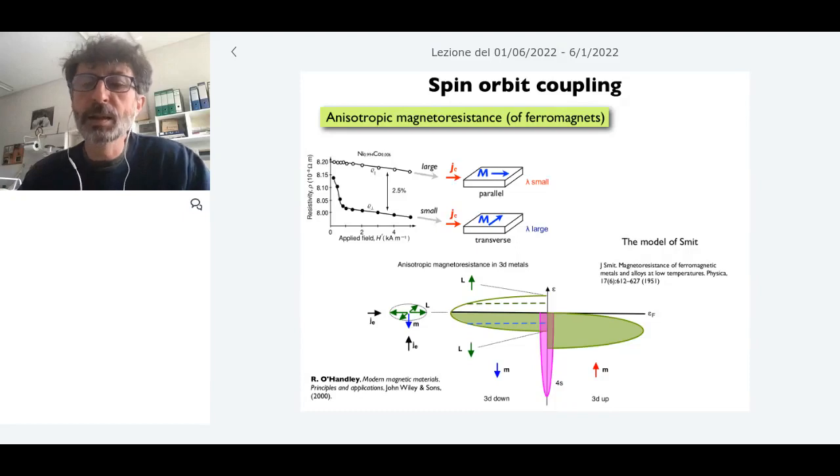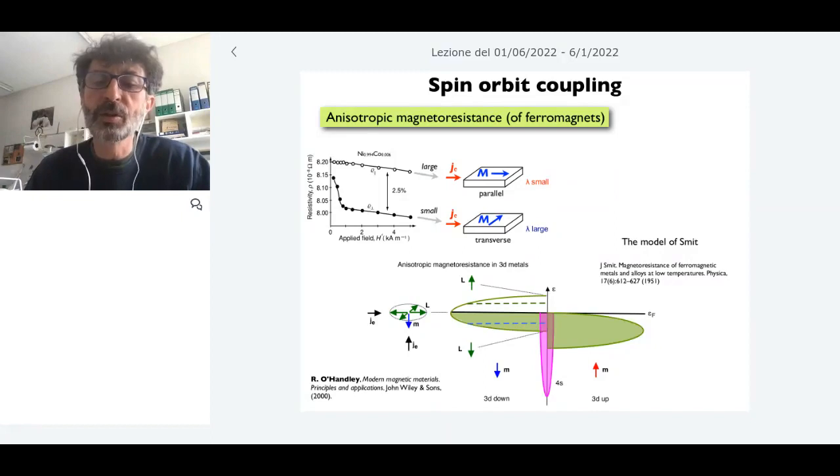If you want to understand anisotropic magnetoresistance in more detail, there exists this model of Schmidt, where they also make the hypothesis that the majority of scattering is due to the minority electrons, those in which the Fermi level is in the middle of the d electrons.